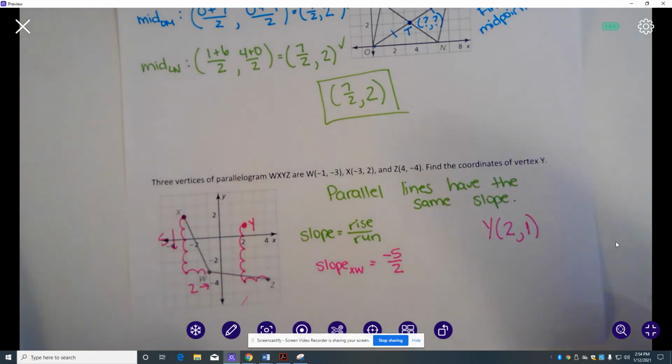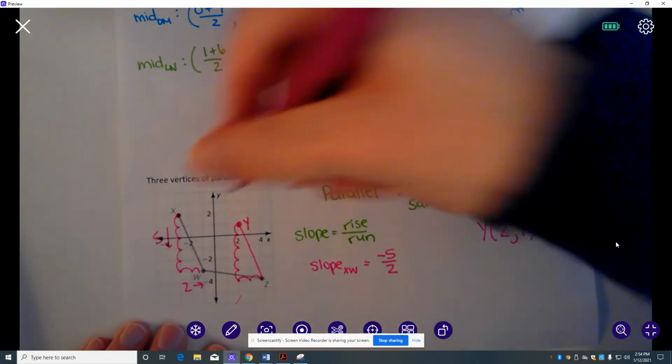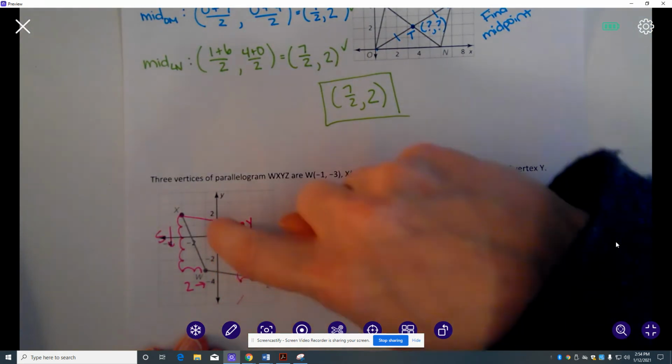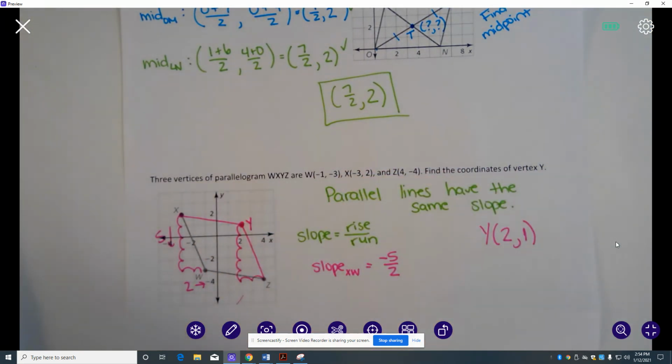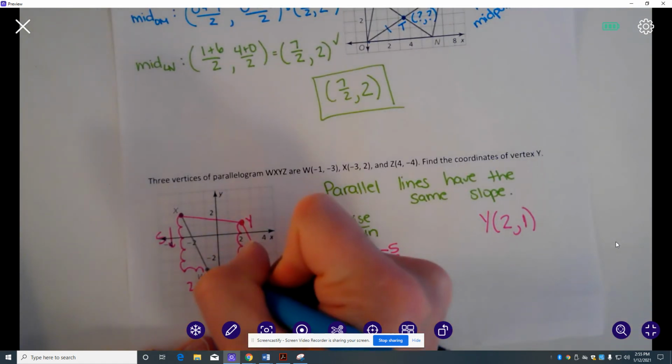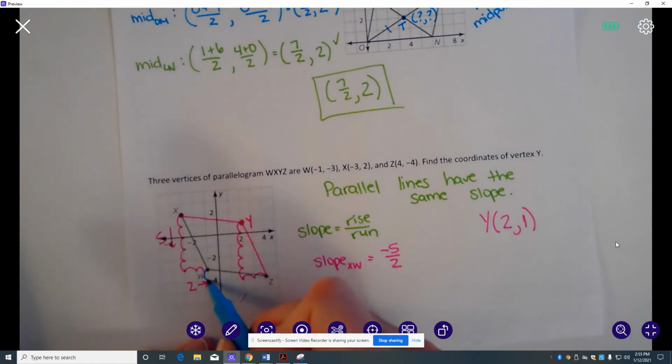Now, a way to check our work is, if this is where point Y is, does that make these two sides have the same slope? Remember, because opposite sides should have the same slope. So let's find the slope of WZ. Rise over run. Down 1. Right 1, 2, 3, 4, 5.